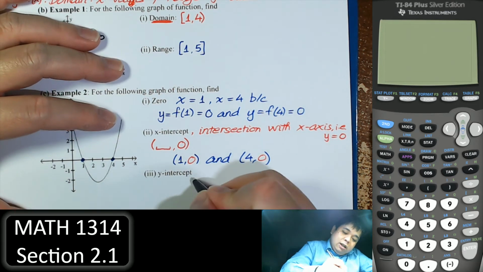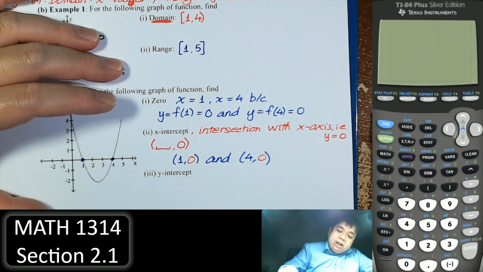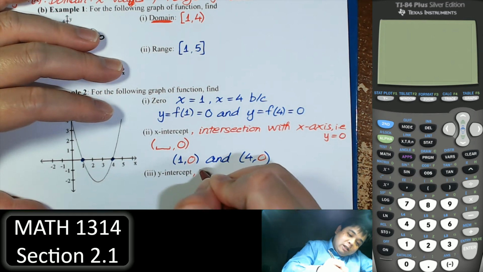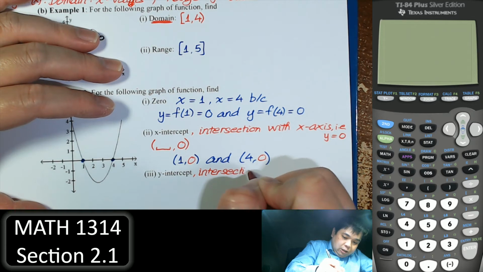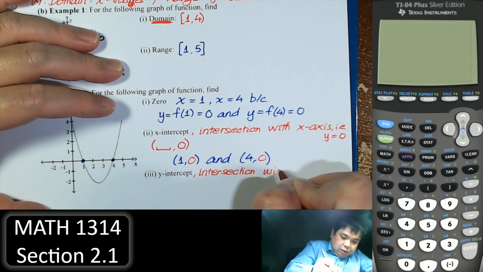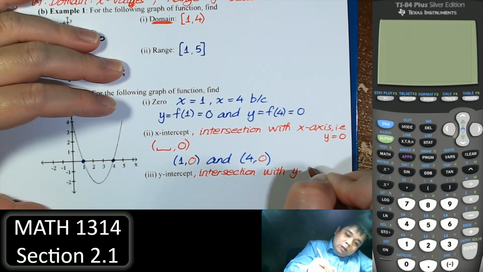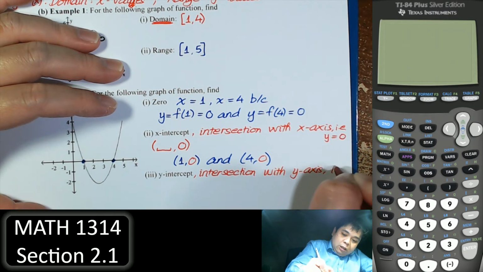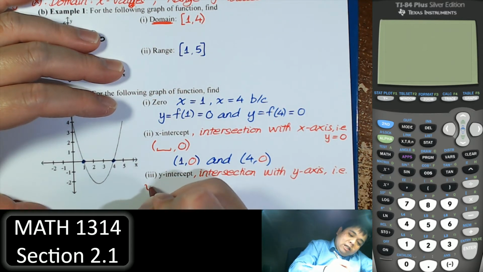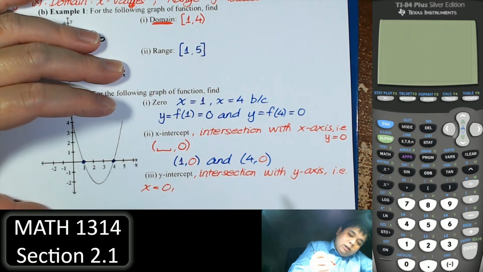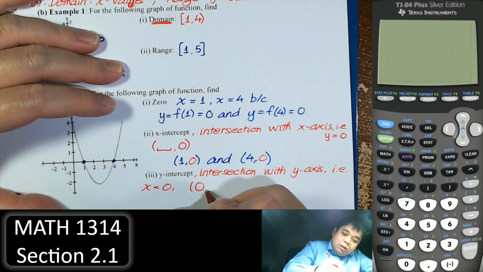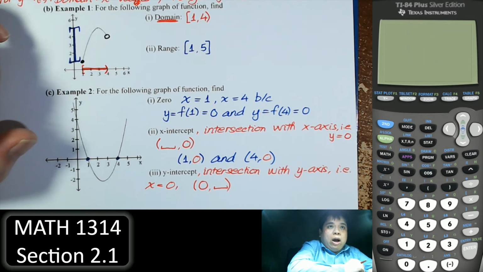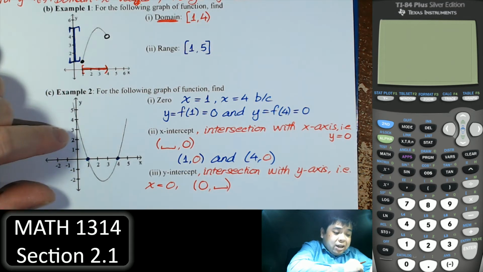Y-intercept. The y-intercept is the intersection with the y-axis, meaning x is equal to 0, and we look for the form x equal to 0 and y equal to something. So the y-intercept is where x equal to 0.